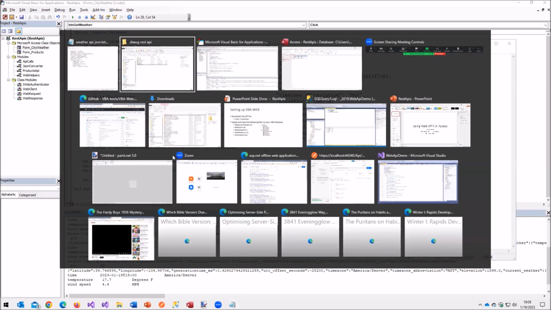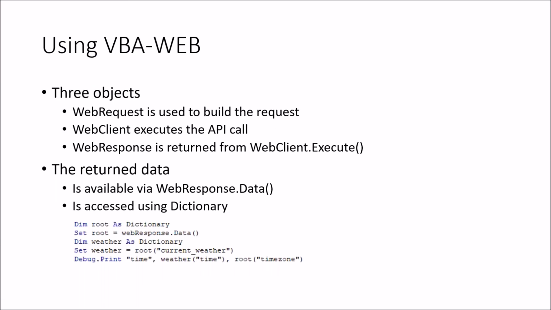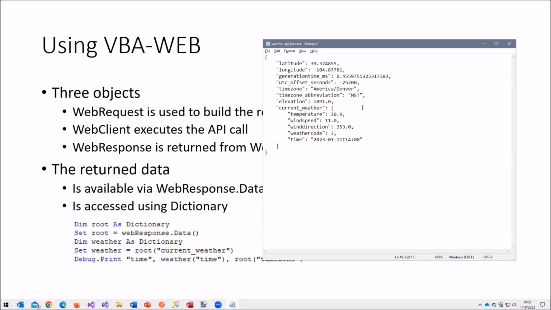Hi, George, I have a question. Yes, sir. If I have another nested level inside current weather, then I will add another parenthesis after the result, right? Right.